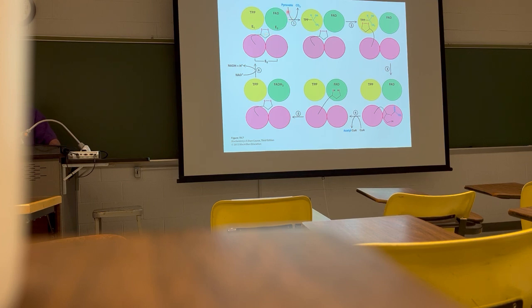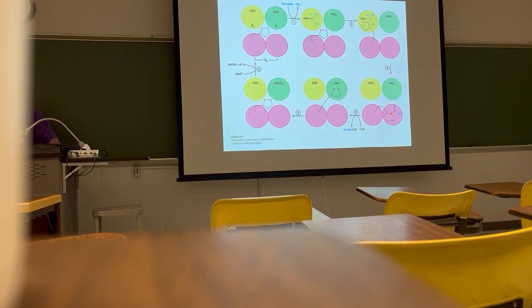In the first step, the pyruvate is decarboxylated to form the 2-carbon alcohol attached to thiamine pyrophosphate. In the second step, now this lipoyl group swings up here and accepts that, and we form this carbon-sulfur bond, the thiol ester.